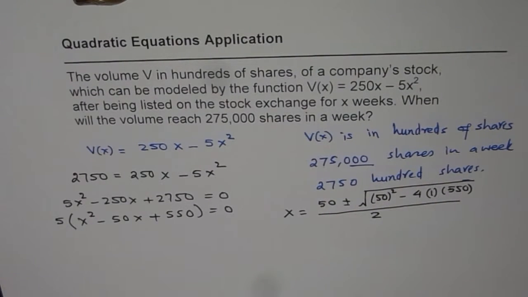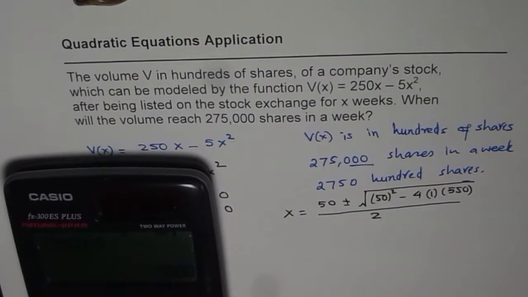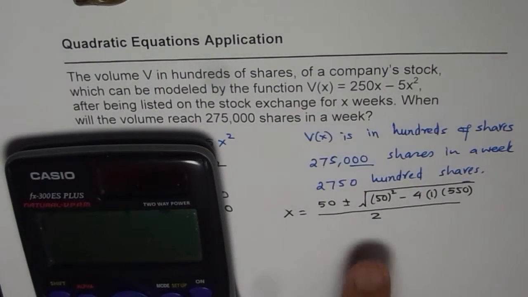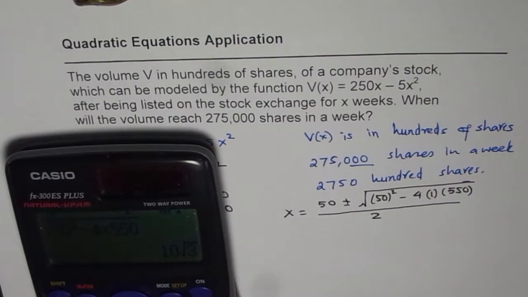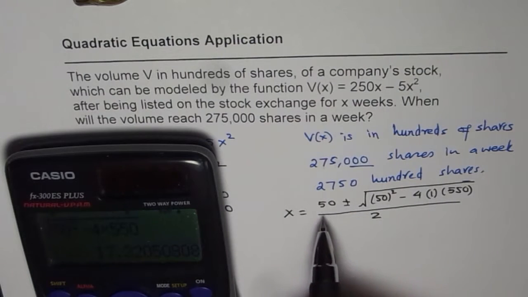Now we can use our calculator. Within the square root, we have 50 squared minus 4 times 550. Taking a decimal value, this is 17.32.